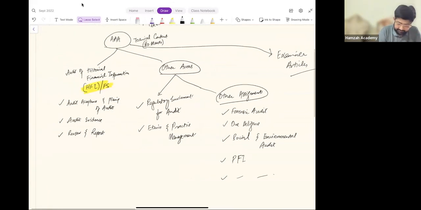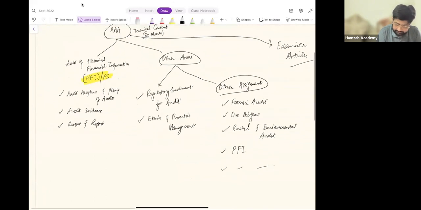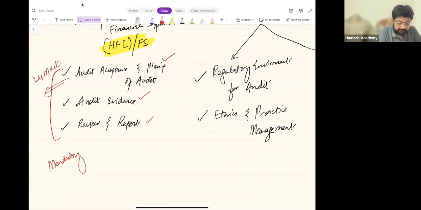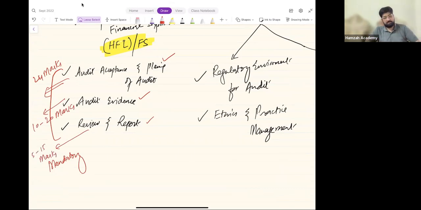The point is, students, this audit acceptance and planning, 1, 2, 3, is mandatory in your exam. It is up to 24 marks. Normally, it is 10 to 20 marks, 5 to 15 marks in every paper.